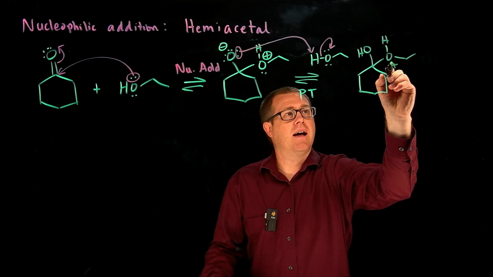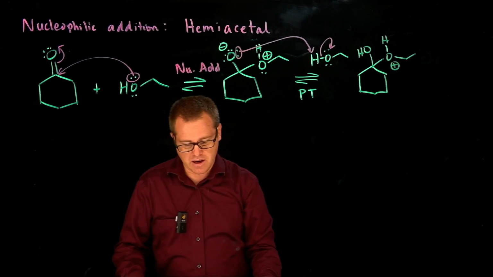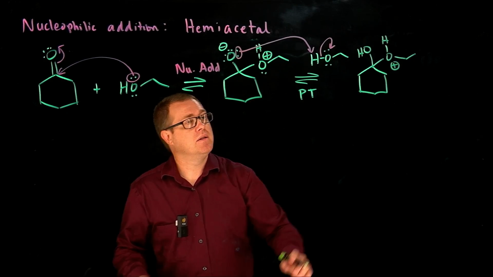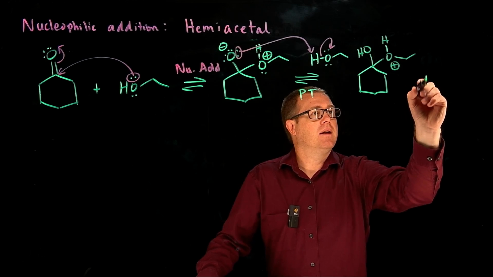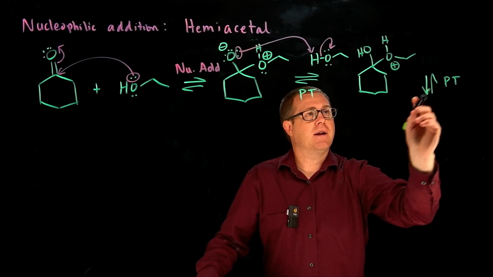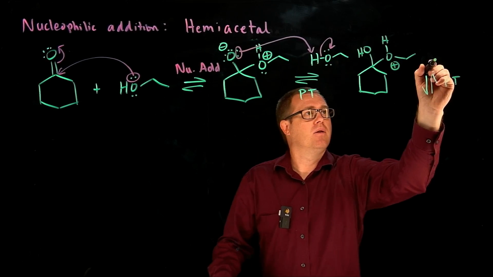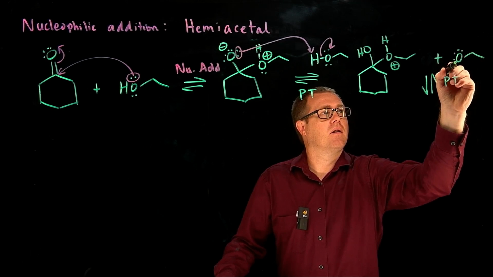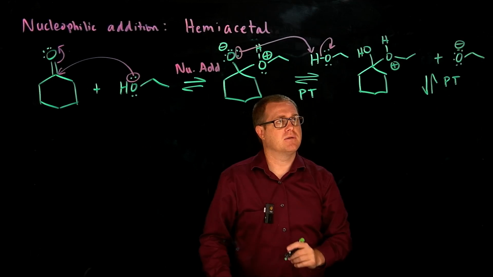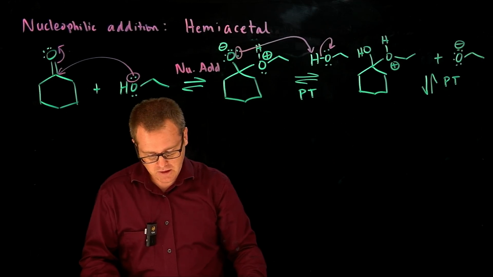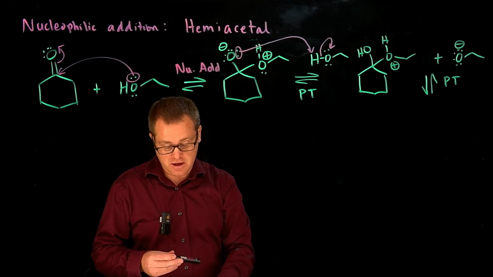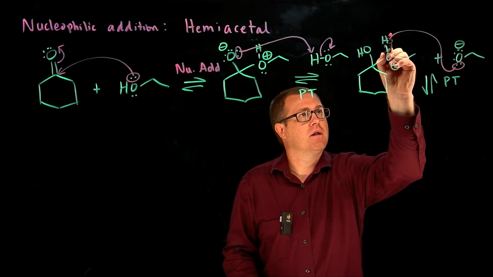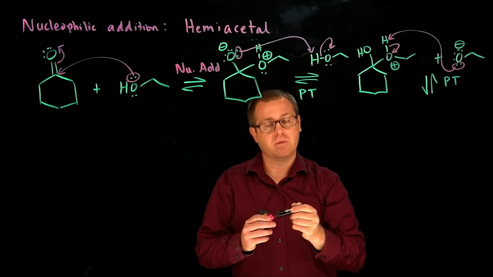But we still have that protonated oxygen right there that we need to take care of. And so we would do a second proton transfer, because what else did we generate? We generated some of this negatively charged species right there. And so that can do the other proton transfer, which would then come in, take electron-rich, grab that like so.